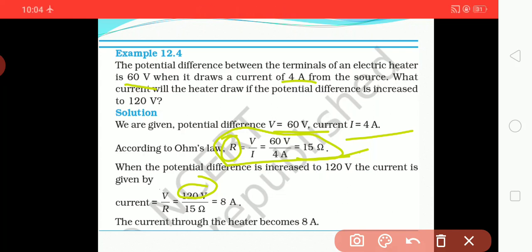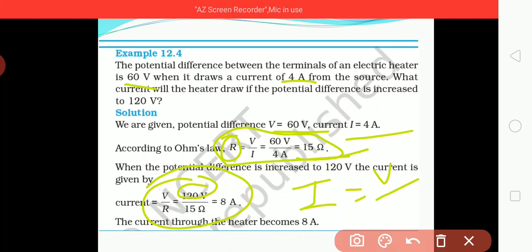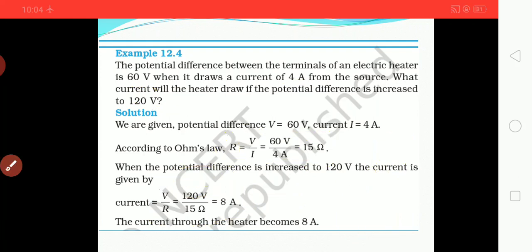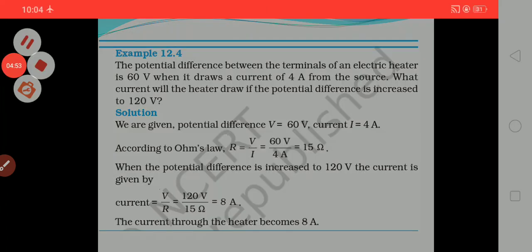On the basis of that we can find our I. So I is equal to V upon R. We have the value of V, which is 120 volt, and R, which we found. So 120 upon 15 will be 8 ampere. From this we get a value of 8 ampere.